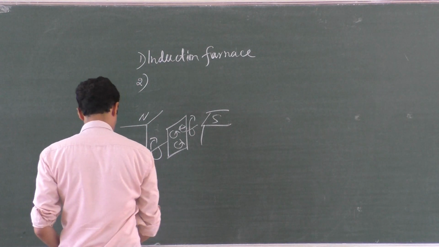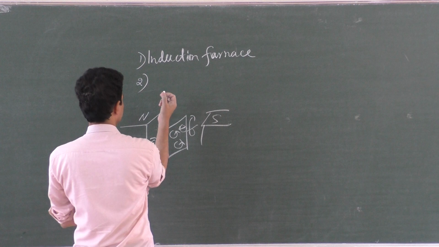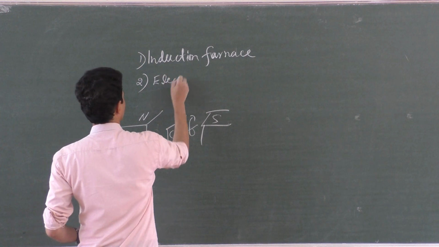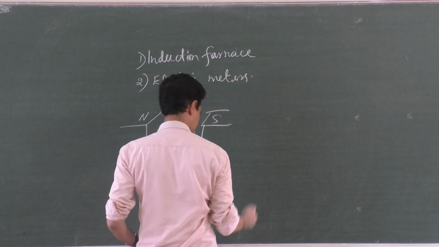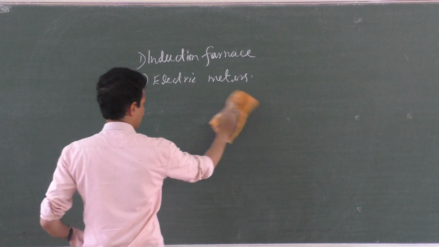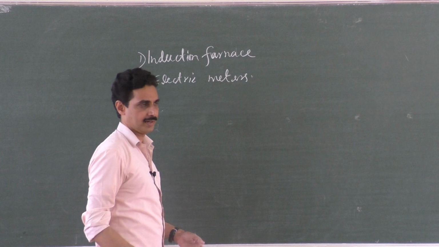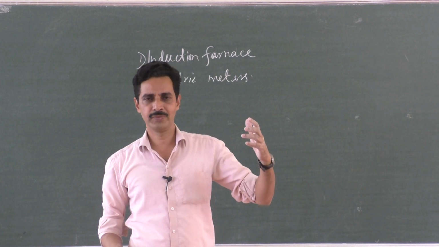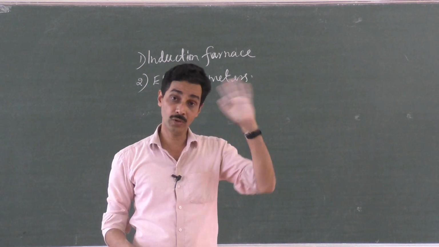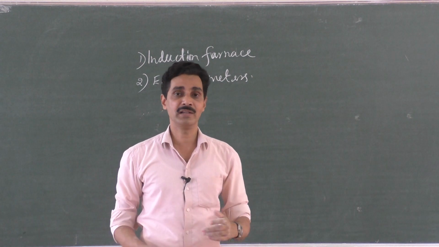Eddy currents are used in electric meters, right? You remember, you go home, suppose your house is electrified and there is a meter board in your house, and that meter board contains a meter, which is the old version. Nowadays we have electronic meters.